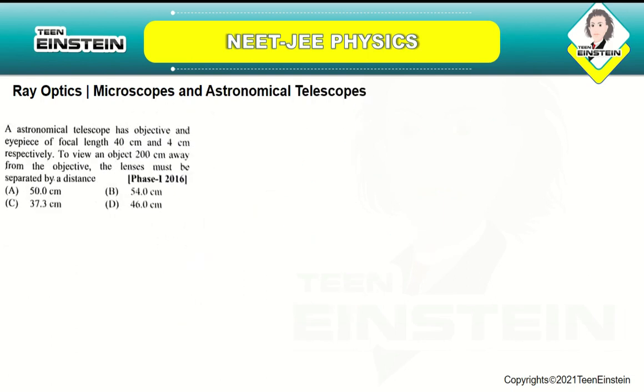An astronomical telescope has objective and an eyepiece of focal length 40 centimeter and 4 centimeter respectively. To view an object 200 centimeter away from the objective, the lenses must be separated by a distance. So here they are given the f0 value as 40 centimeter and fe value as 4 centimeter. So, for objective, 1 by V naught minus 1 by U naught is equal to 1 by F naught.